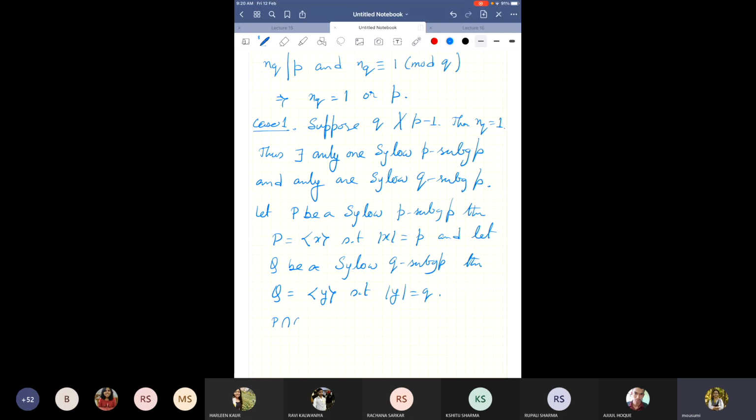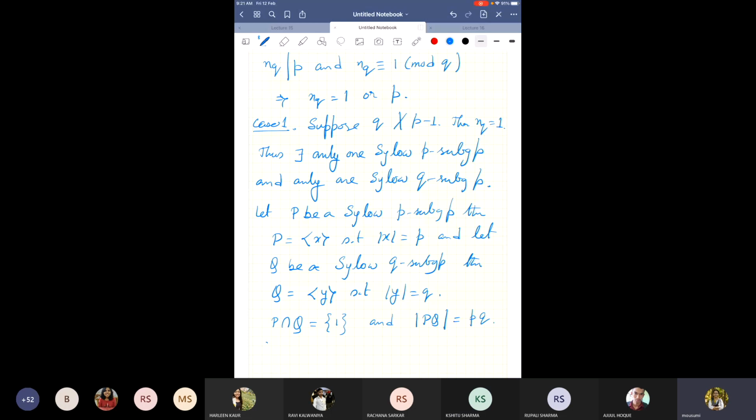What will be the intersection of P and Q? Identity, because it is a subgroup of both P and Q, but both of them are of prime order, so it has to be the identity. And then what will be the cardinality of PQ? It will be nothing but PQ.